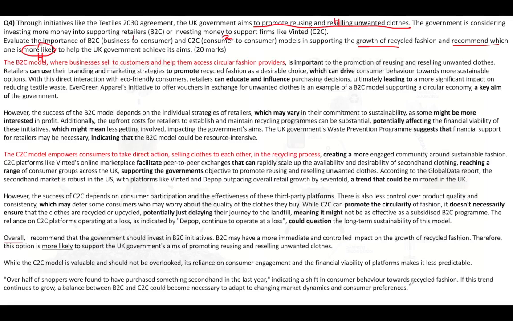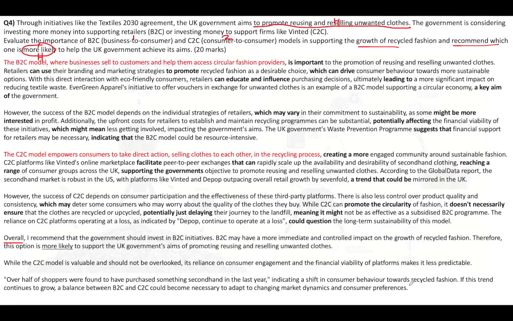Okay, so this MOPS looks at the future, it's using a little bit of data, and it says keep an eye on it, and maybe we need to focus a bit more on C2C in the future. Not sure if it's a brilliant MOPS, did it in a rush over breakfast, and hopefully that's of some use.